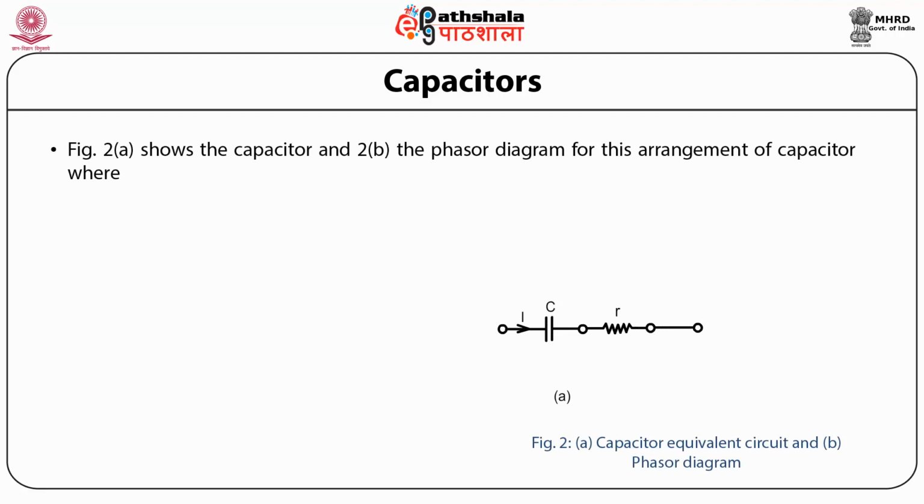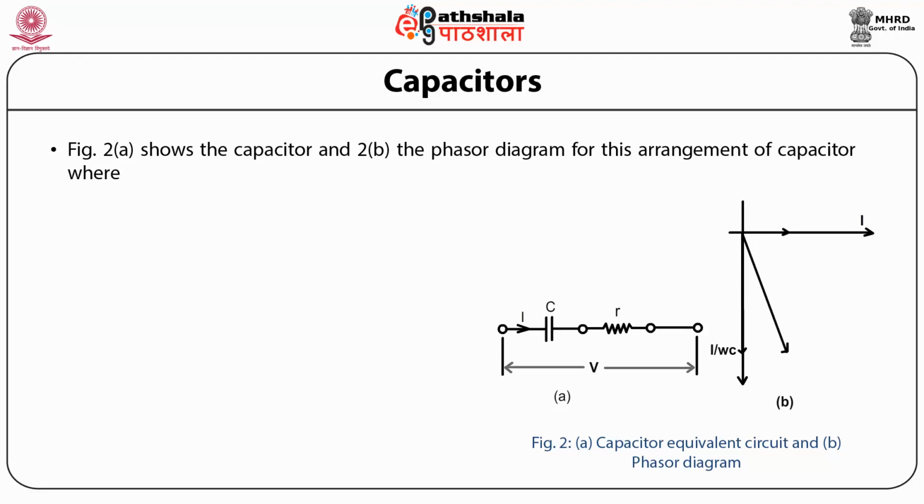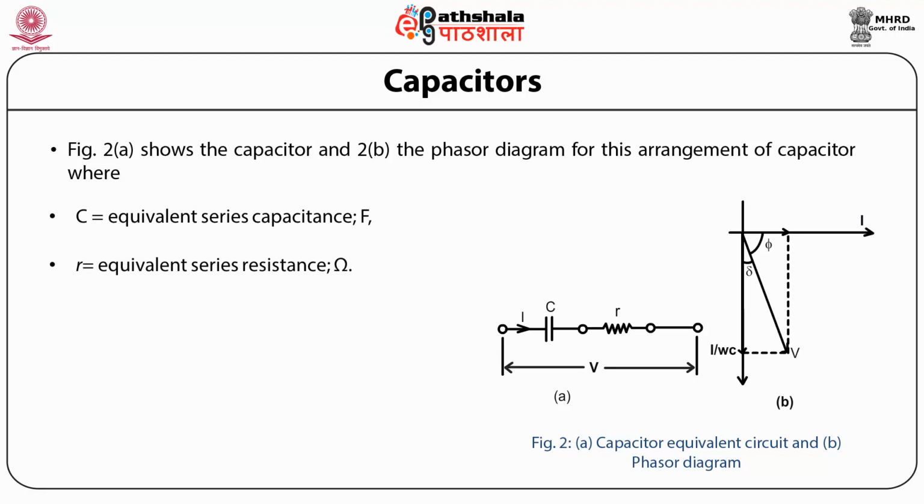Figure 2a shows the capacitor and figure 2b the phasor diagram of this arrangement of capacitor, where C is equal to equivalent series capacitance in farad, R is the equivalent series resistance in ohms.